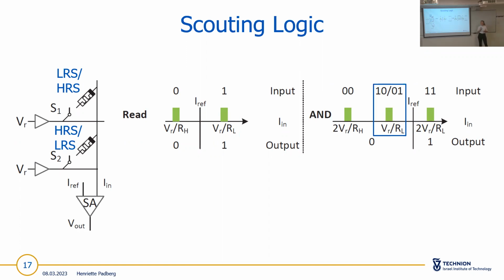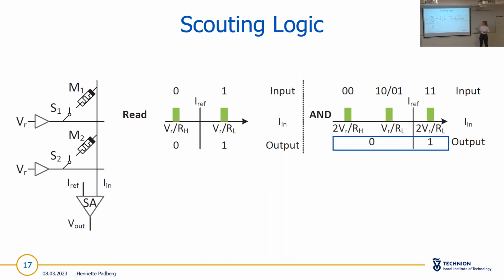If we now want to realize an AND function, we know that only the input of 1,1 should lead to an output of 1. So we place the reference current at this place, so that currents higher than this reference current are 1, and all the rest is 0. Therefore, we realize an AND function.